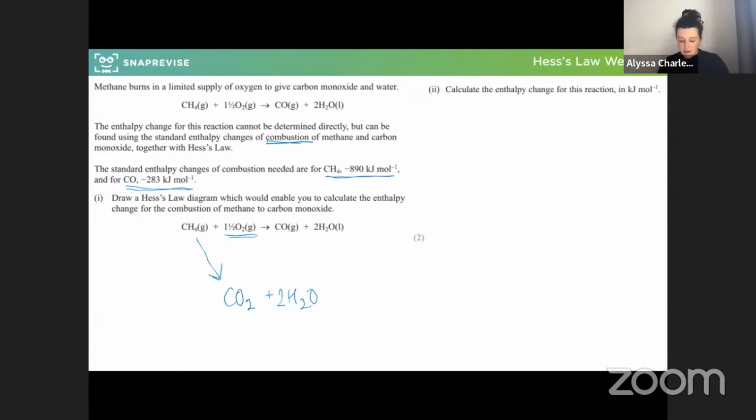Okay, and then if I'm burning carbon monoxide, I'm going to form 1 mole of carbon dioxide, and that's it. Again, enthalpy change for turning water into water is 0. So I could include an arrow there if I wanted to, but it's 0. The change from turning water into water is 0.